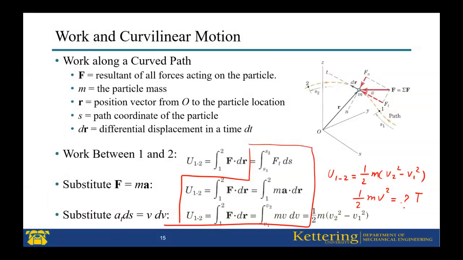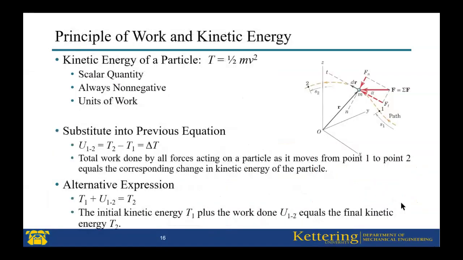I use T to show the kinetic energy. The kinetic energy is T equals 1 over 2 m v squared. Kinetic energy is a scalar, also non-negative. The unit will be the unit of work. Energy and work have the same units. What I mentioned here is that the amount of work done by all forces acting on a particle is equal to the change in the kinetic energy of the particle. This is called the principle of work and energy.